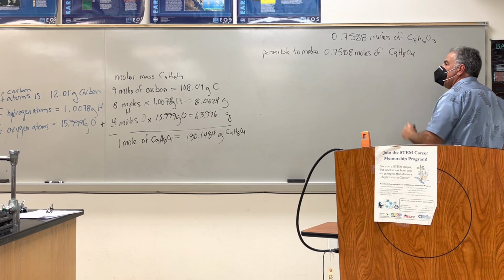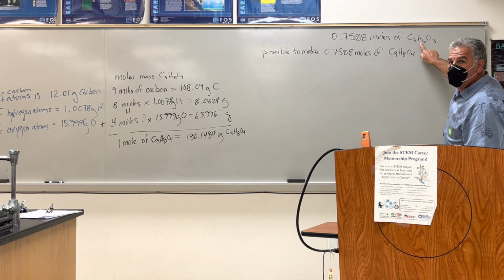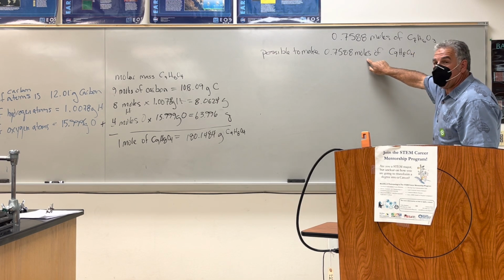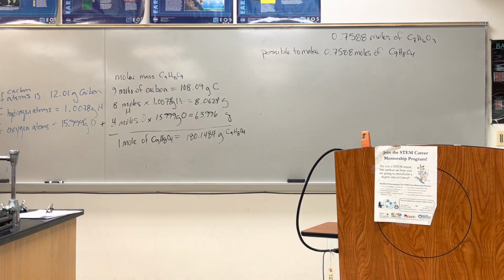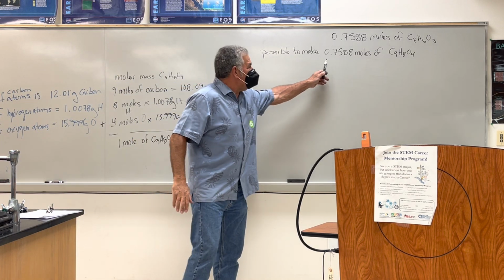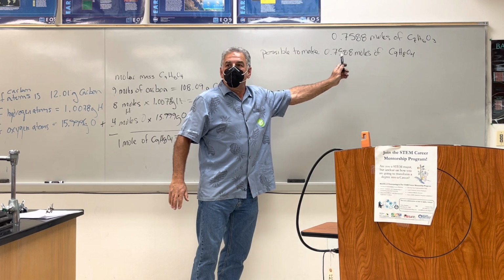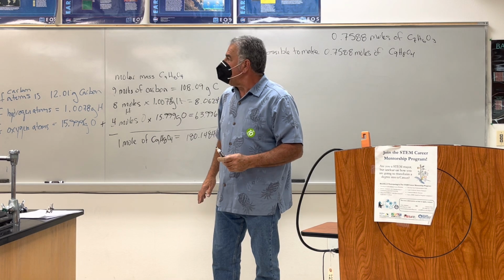That was the first one. But it's also possible, if we use up all of this, because it's 1 to 1 to 1 to 1, that if we use up 1 mole of this, we make 1 mole of that. But if all we have is 0.7588, that's all we get. All we can make is 0.7588 of the product.